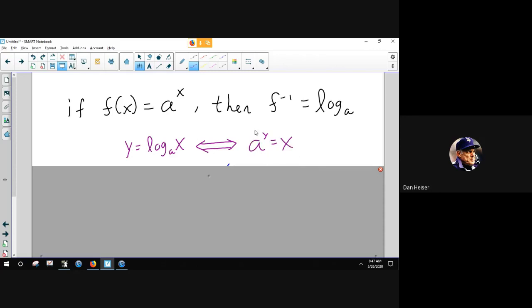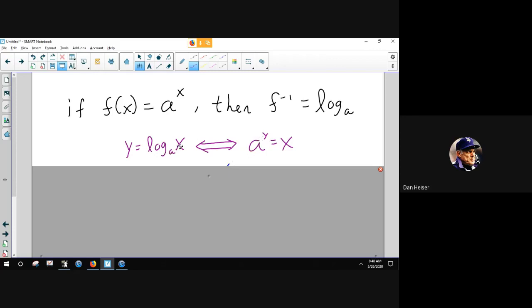So I'm going to start with this one. A to the y equals x. Oftentimes, when you're first learning exponents, you learn the phrase base to a power. This is what we call the base of this object. Base to a power. I've used the same lettering over here. Log base a.